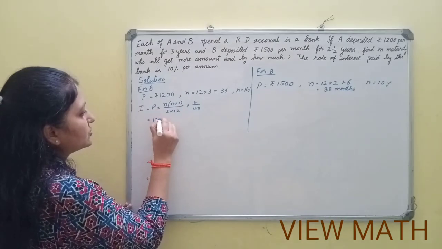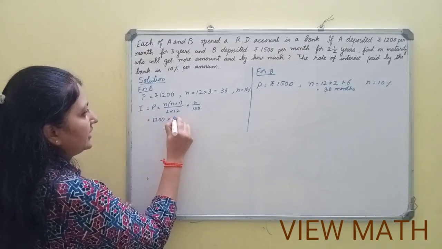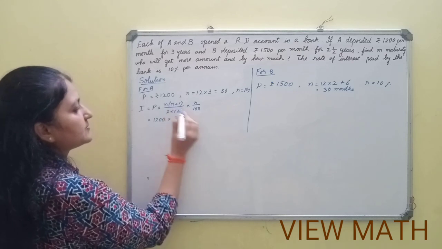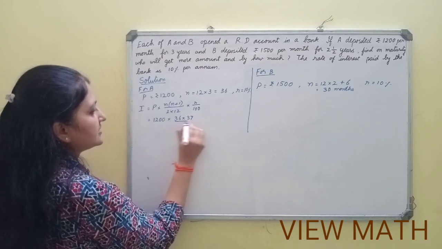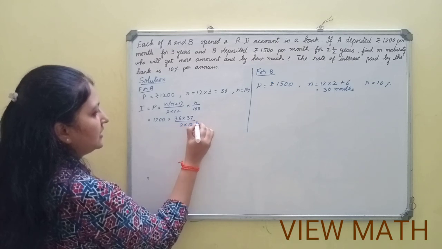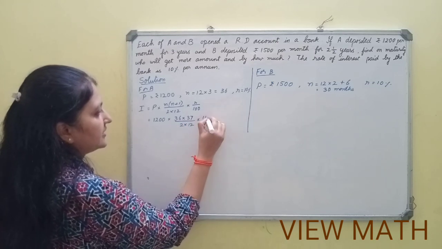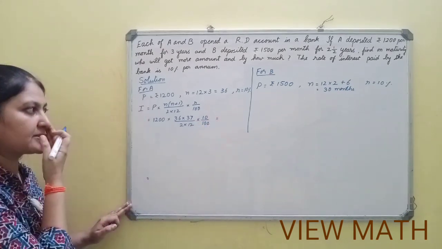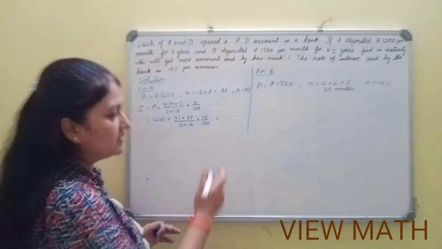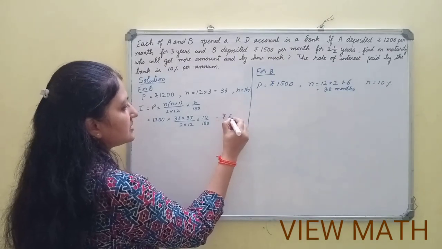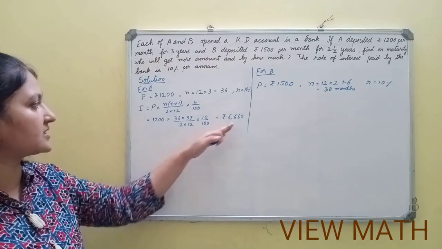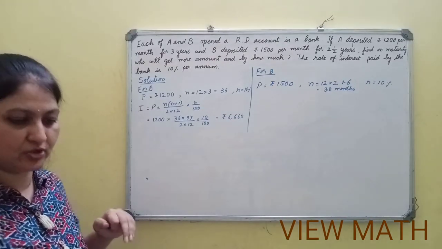P is 1,200 into N, N is 36, 36 into 36 plus 1, so let me write 37, by 2 into 12 into R by 100. Okay. Now do the calculation part. Let me give the answer: rupees 6,660. So straight away I am writing the answer. You can do the calculation part by yourself.